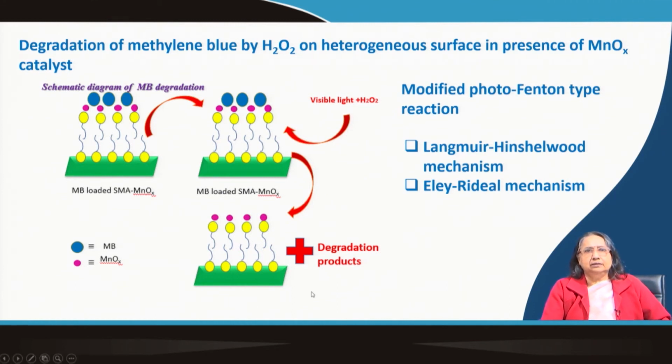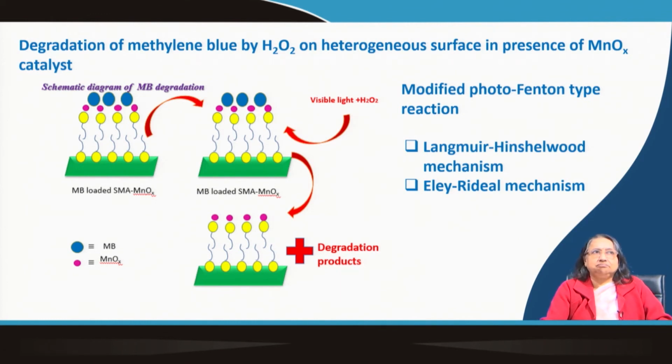And also, I have already discussed the mechanism. Once you want to know the mechanism, then you have to isolate intermediates or products, and only then can you speculate the mechanism. So, here it is observed that there are many products where OH dot is attached to the substrate. So, that means this reaction is going via OH dot generation and attack. Okay.